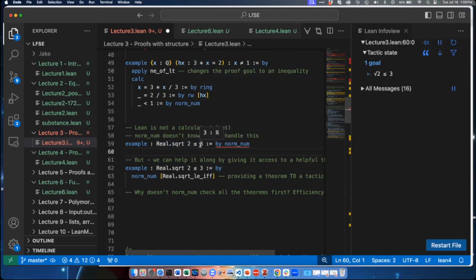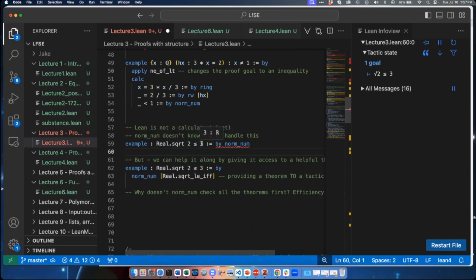If I can get a decimal representation of some number, that's easy for us, but it can be hard for Lean because it's not a calculator. It's a theorem prover. There are present efforts to build more powerful tactics that would do calculations in a rigorous way.